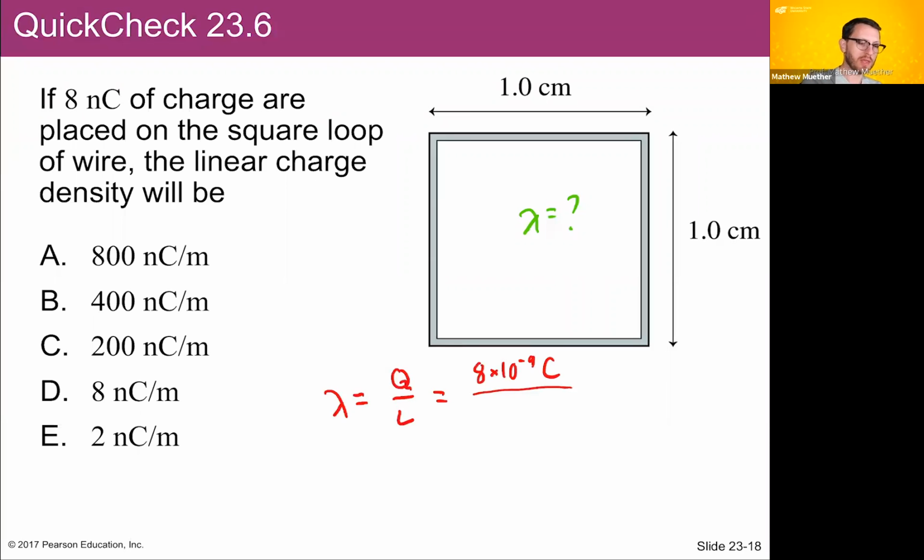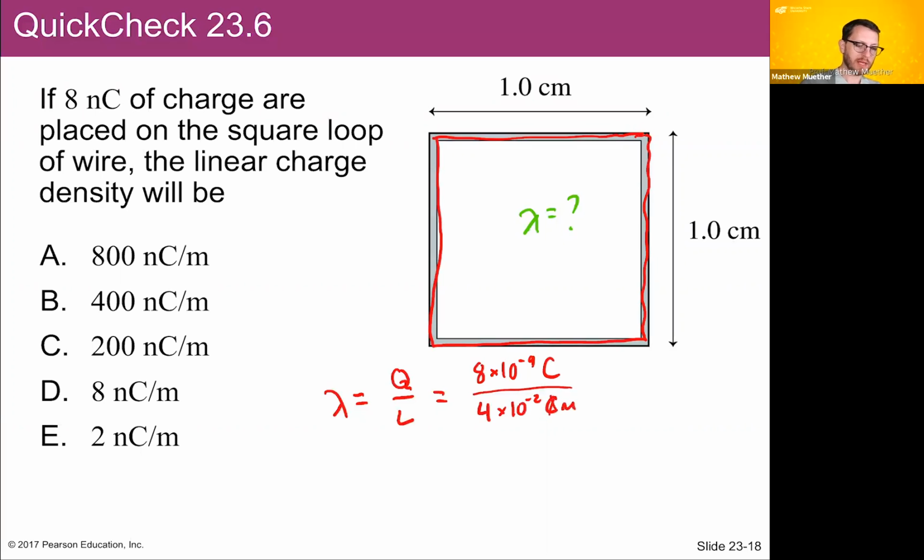This is a thin wire that's folded over on itself, so I'm counting the linear distance here. I have 1 centimeter, 2 centimeters, 3 centimeters, 4 centimeters of wire that this charge is distributed over. So I've got to divide this by 4 times 10 to the minus 2 meters.